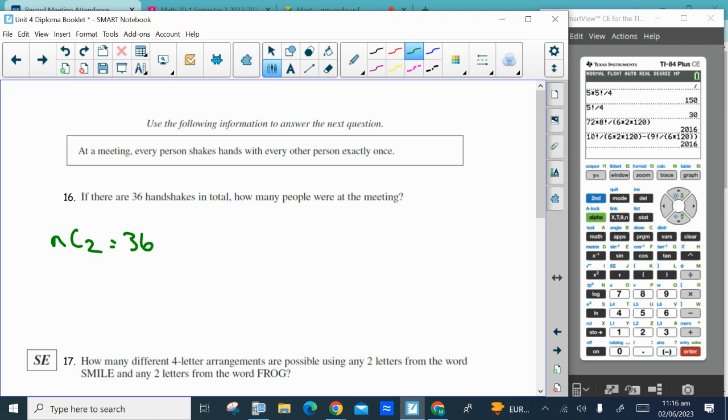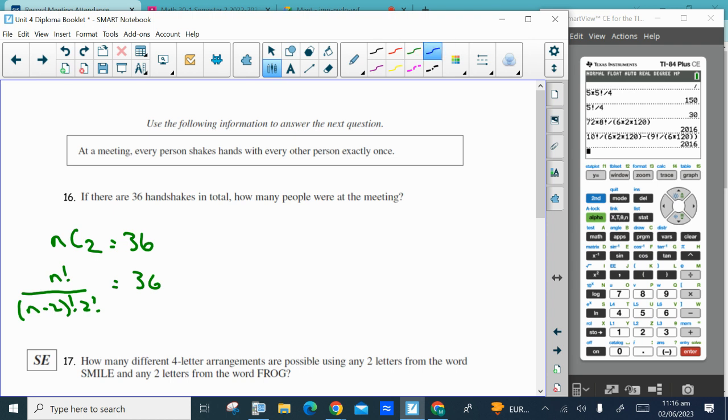We've seen that you can use guess and check to find out what n is, but if this was on a diploma exam, it would definitely say determine or algebraically determine. So you have to show your work of where n comes from. So using the nCr formula, we'll have that expression.